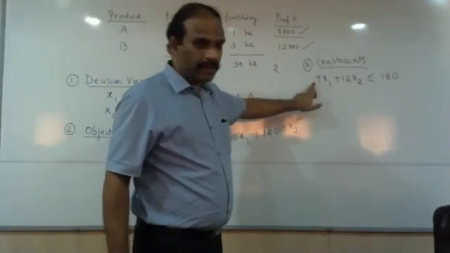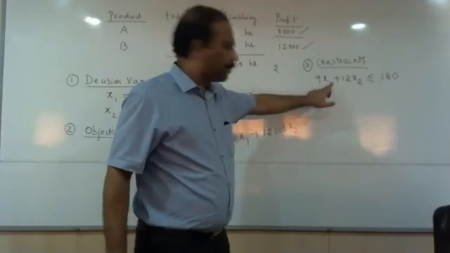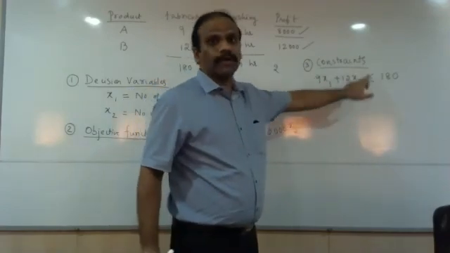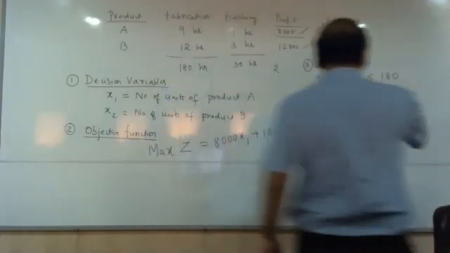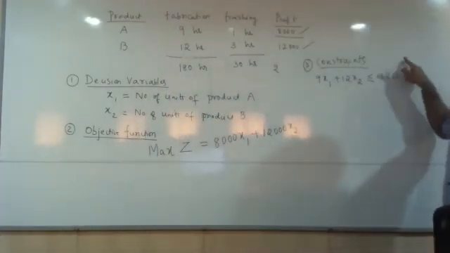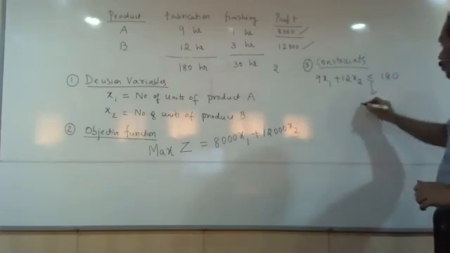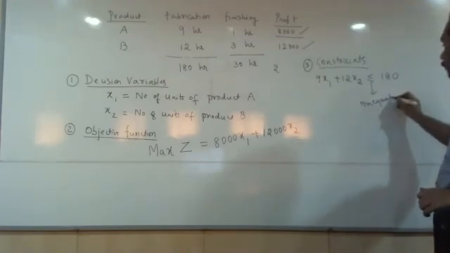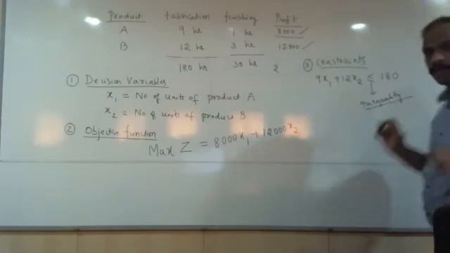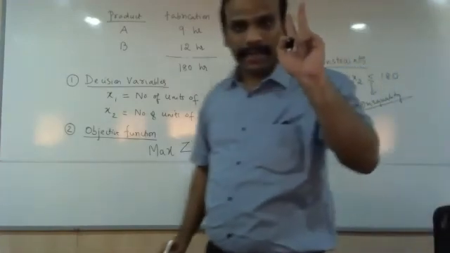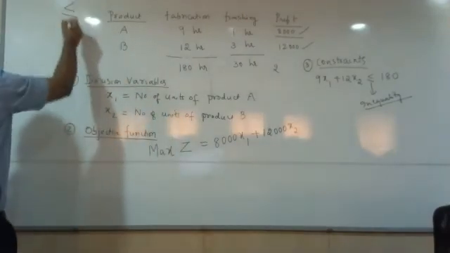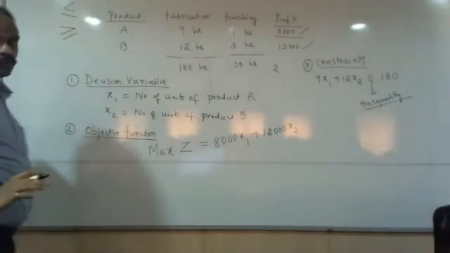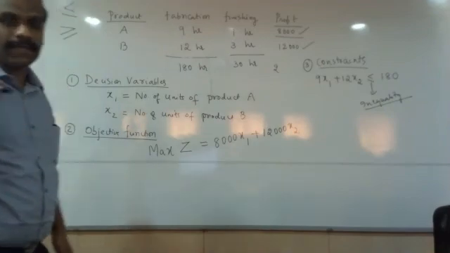So 9 hours into number of units plus 12 hours into number of units of B. This total time should be less than or equal to 180 hours. Now this less than or equal to, what do we call it? We call it inequality. In all linear programming problems, we use only two types of inequality. One is less than or equal to and the other one is greater than or equal to. These are the only two types of inequality we use.